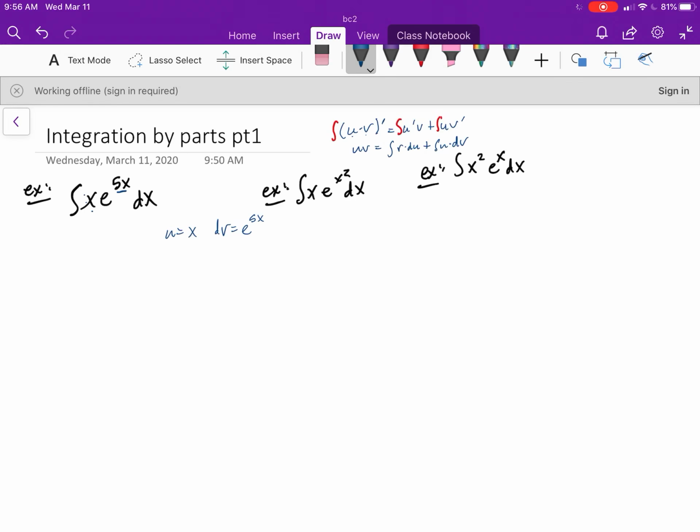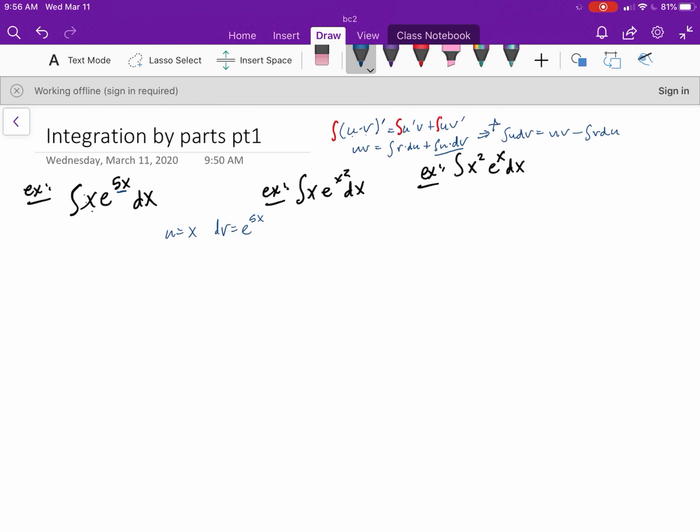It really doesn't matter which one we say is u and which one is dv, but most commonly we solve for this, and that means that the integral of u dv is uv minus the integral of v du.